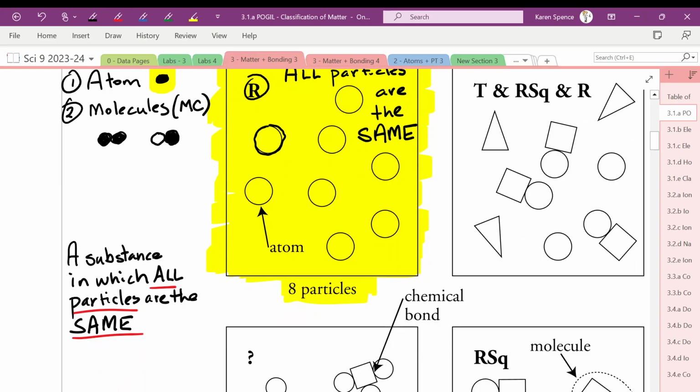So if all the particles are the same, what type of substance is that? Yes. That is a pure substance.